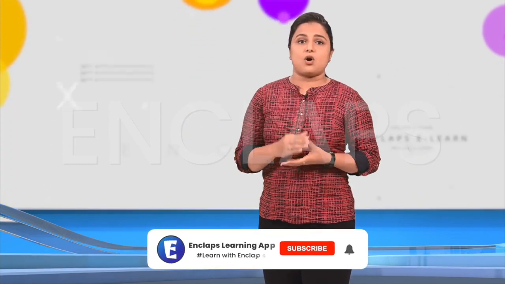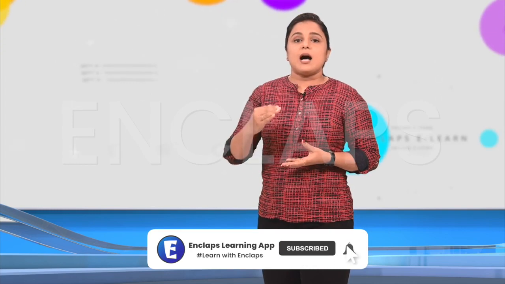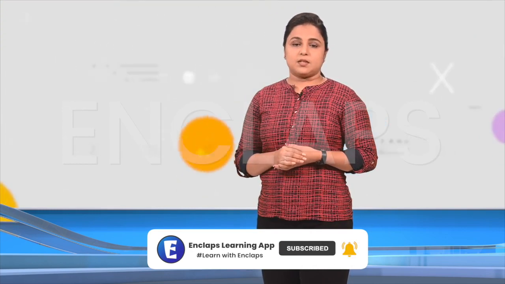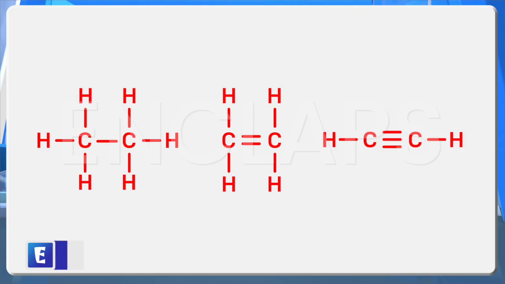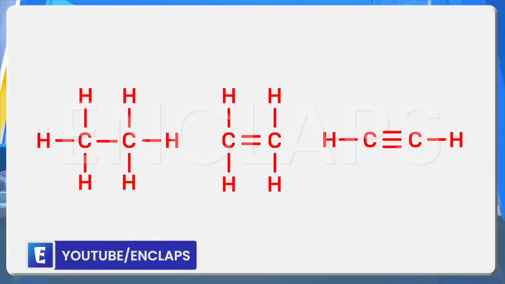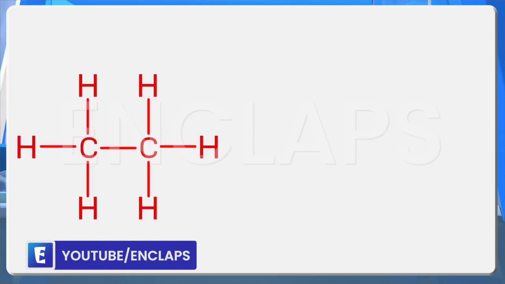Now, we can deduce the structure of these compounds into another form. That is called condensed formula. Okay. So now we are going to write the condensed formula of these compounds. In the first carbon atom, there are 3 hydrogen atoms, right?